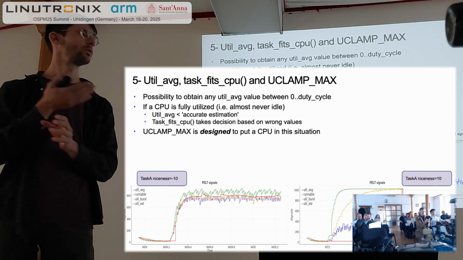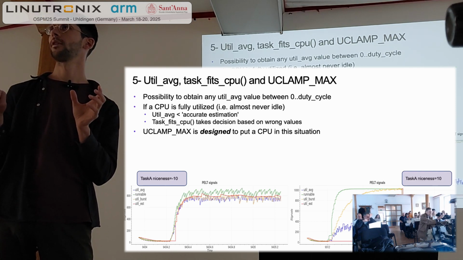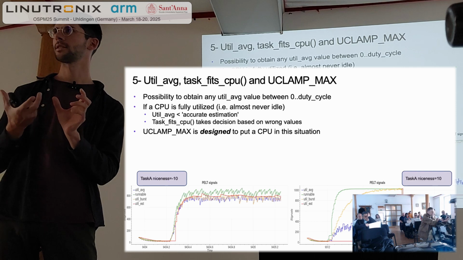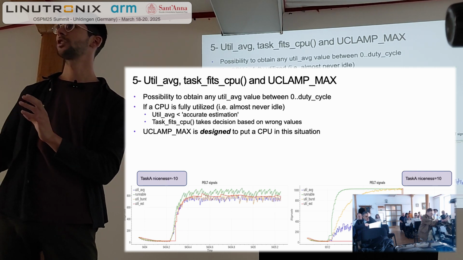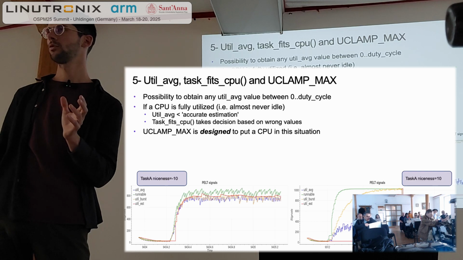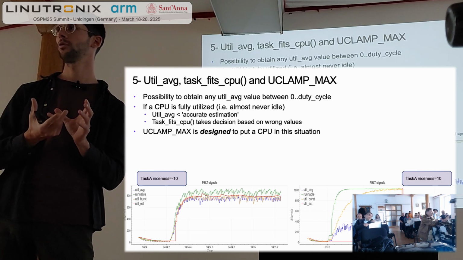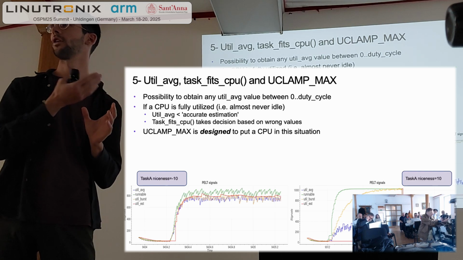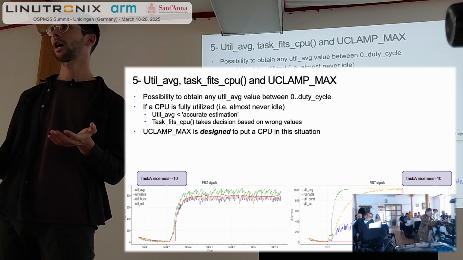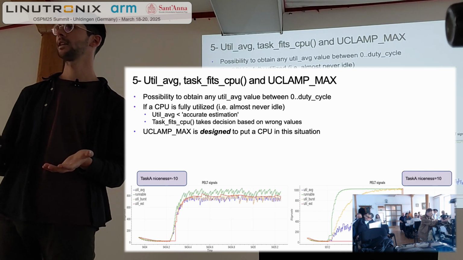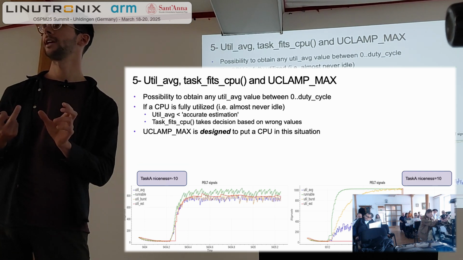But in the load balancer, in the group imbalance case, we are looking at the load value. In this case, we say that the utilization value is no longer usable. We are using the load value, but in EAS, we are not going to use the load, because it would mean that we would have to do load balancing in EAS in this case. But we are still using the utilization.